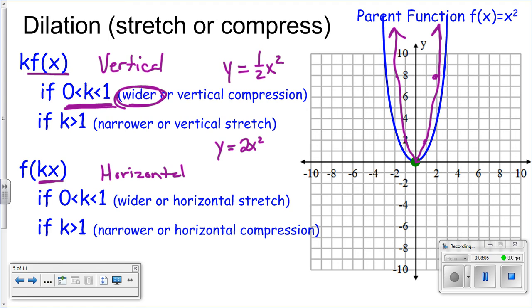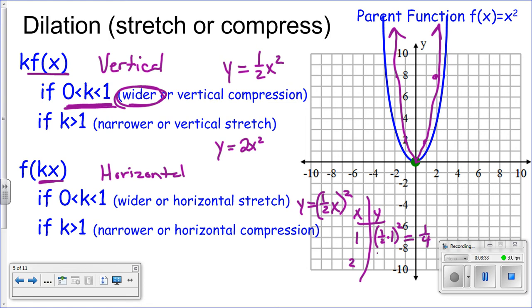When you multiply your x values, it gives you the exact same look. However, we will be multiplying the x before we square it. So for example, if I did y is equal to 1/2 x and then square it, that's going to make a bit of a difference. For example, if I put in 1, that is going to be 1/2 times 1. Now squared, that actually gives you a 1/4.